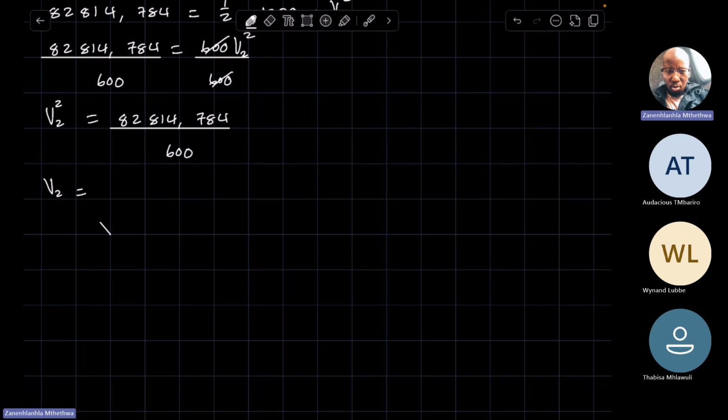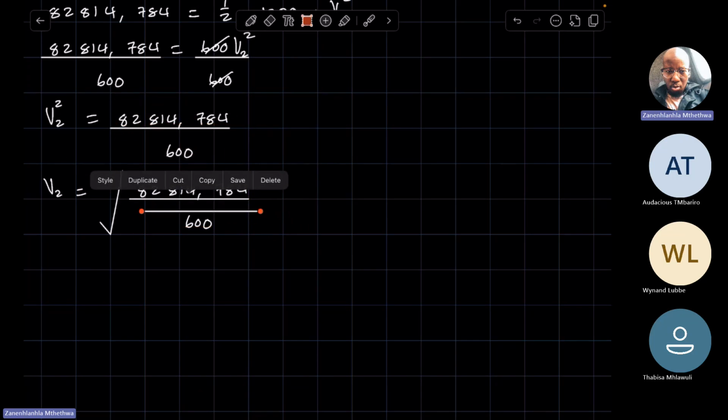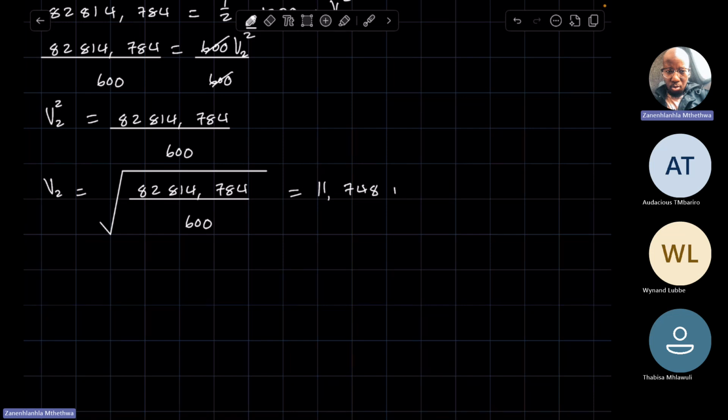On the right hand side, we have the square root of 82,814.784 divided by 600, which is 11.748 meters per second.